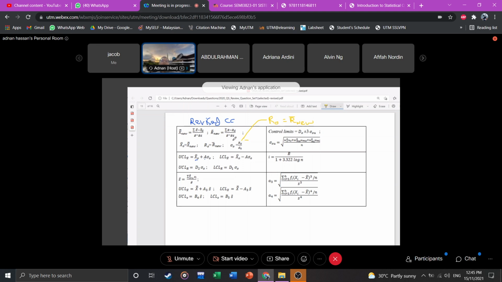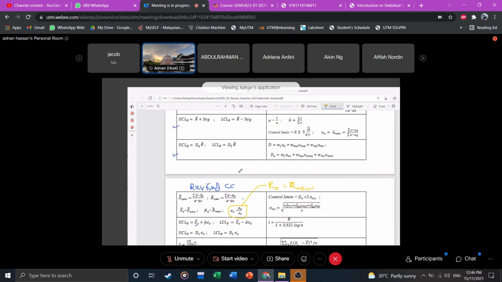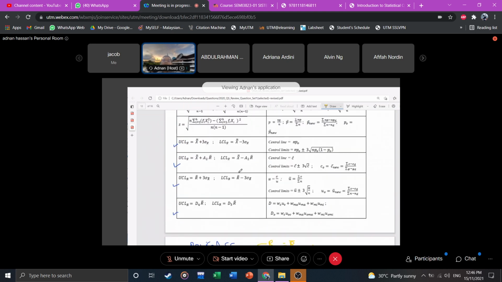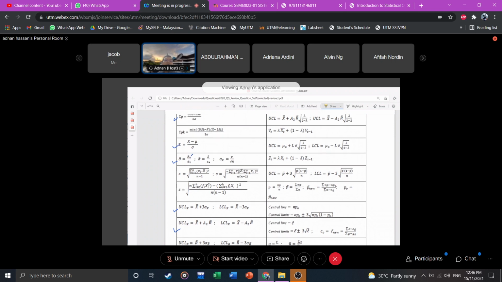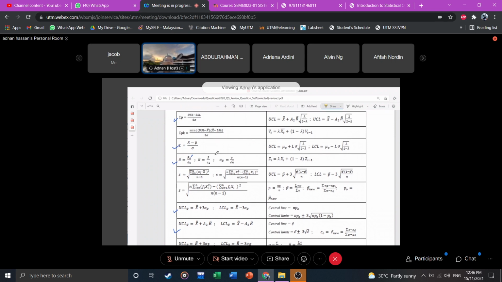In this one, we can use D2, but in your example just now, what was used was the S chart, based on standard deviation. So you can use this formula: estimated sigma equal to S divided by C4.